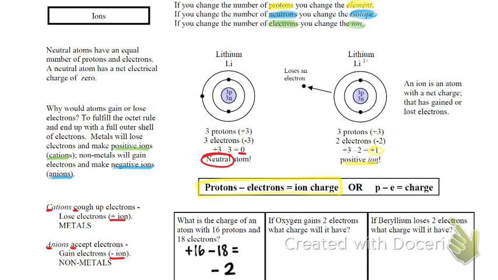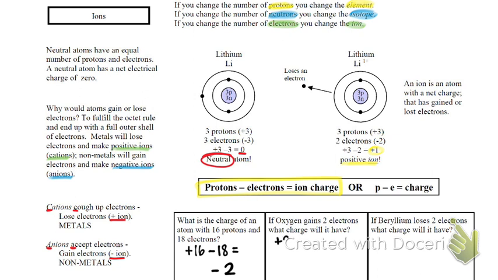The next one we're getting more specific. So look at your periodic table. Where is oxygen? Row 2, group 16. Okay. How many protons does it have?